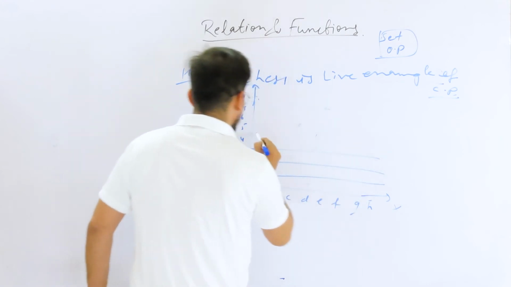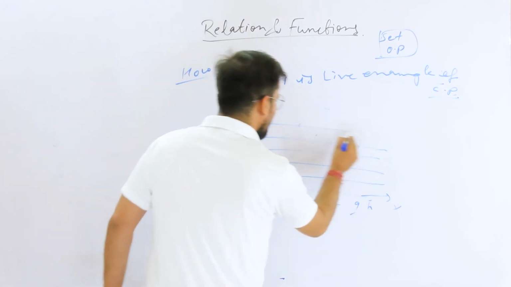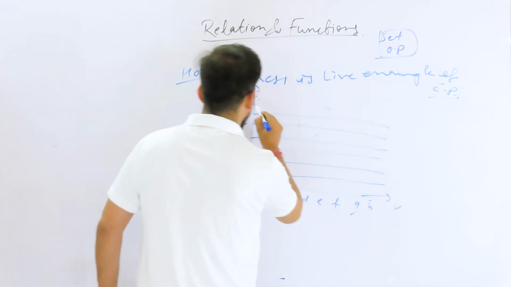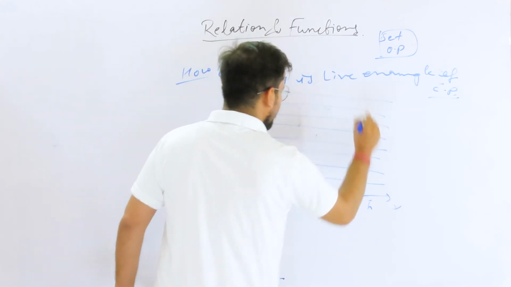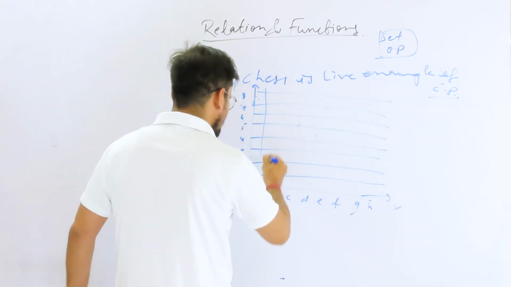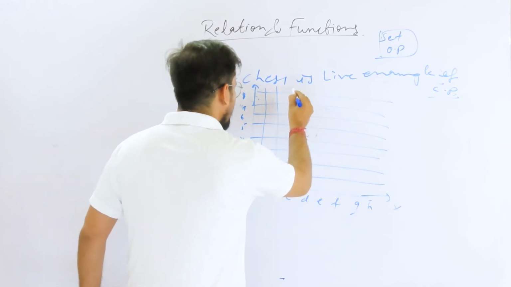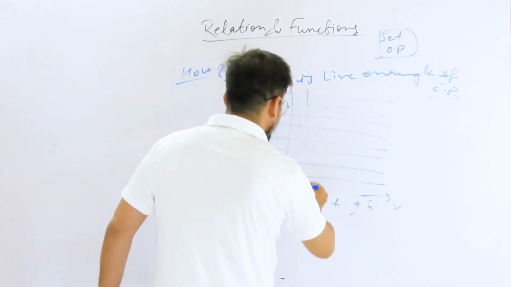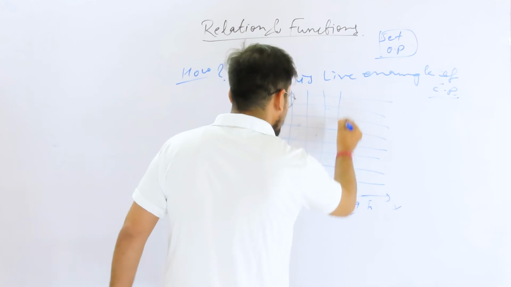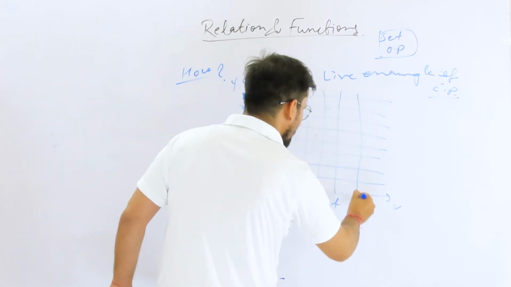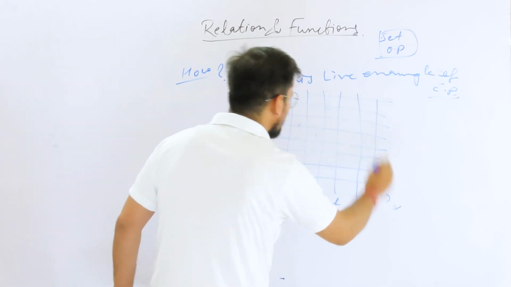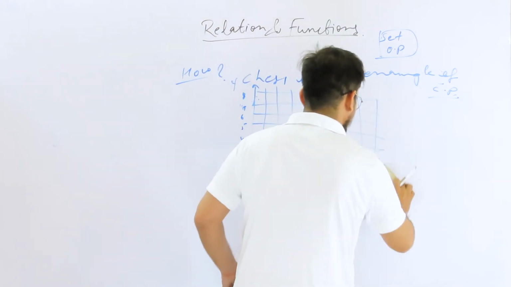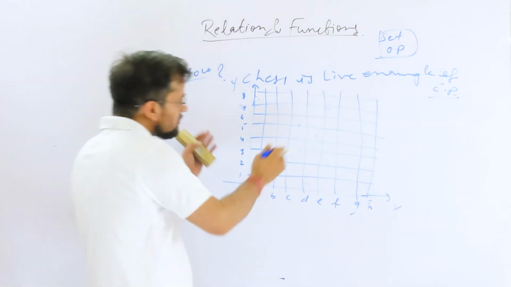Actually my drawing is not so good, so don't go by the drawing, just go by the concept that I am going to tell you right now, because I know you are all experts in drawing. So basically, what I am doing here is drawing a chessboard. This is your chess.